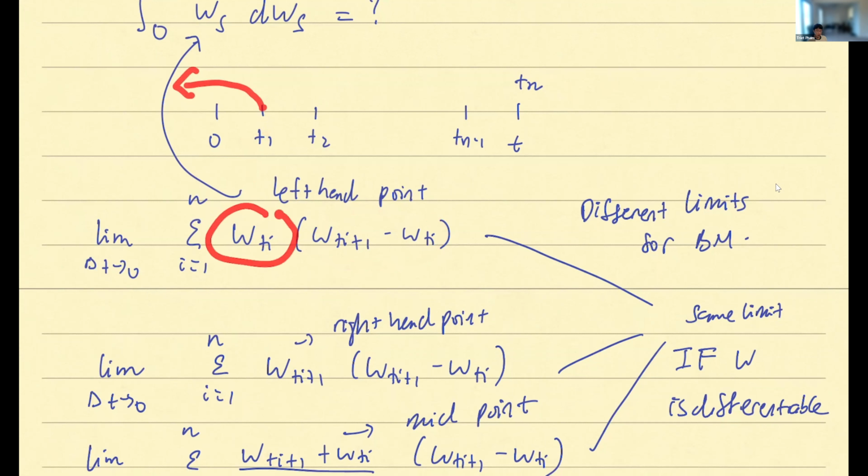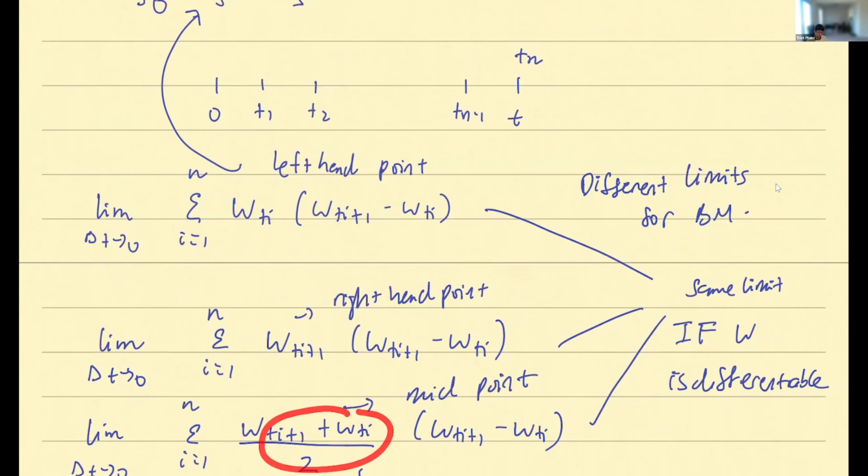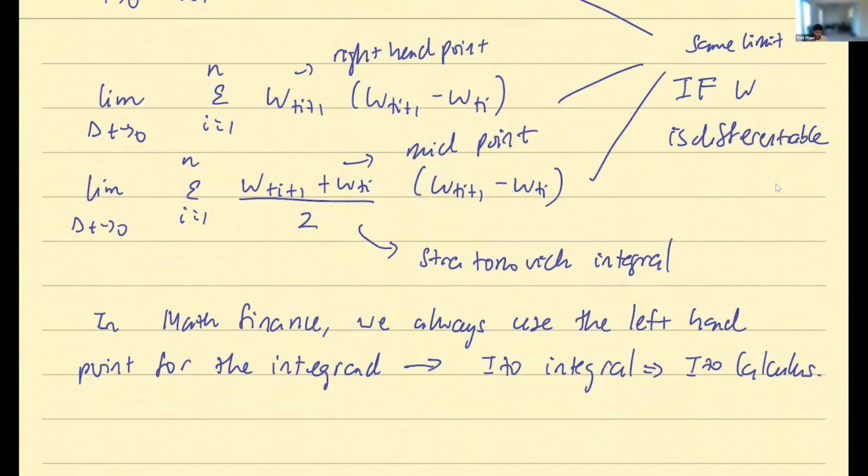So it can only be the left-hand point. If you pick the right-hand point, that means that somehow you know future information, because you use W_{t_{i+1}}. So if you pick even the midpoint or the right-hand point, then you are using future information to pick your stock. Financially, that doesn't make sense, and it will converge to some integral, some result that doesn't correspond to our financial intuition. Okay, so that's why the Ito integral and Ito calculus are the natural choices for us to use in math finance.